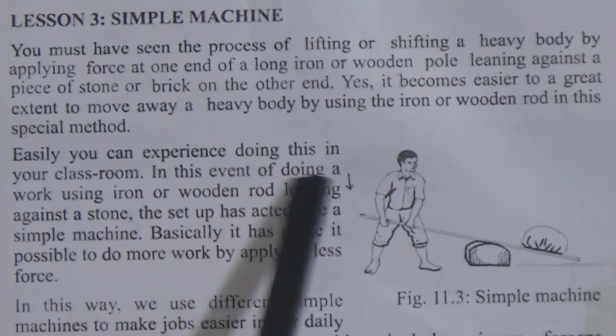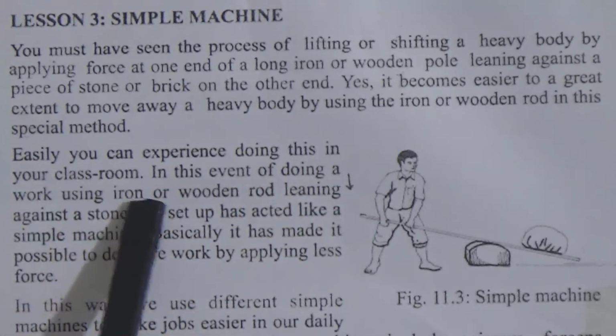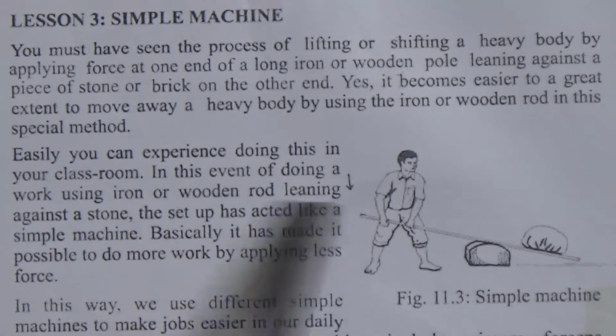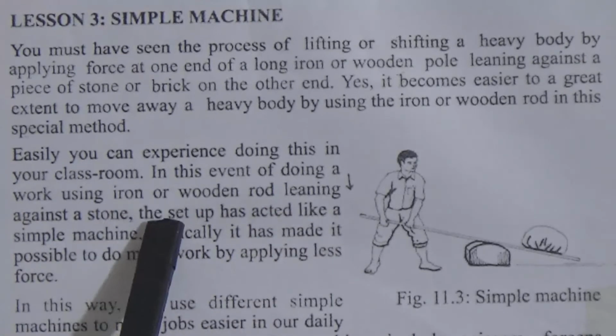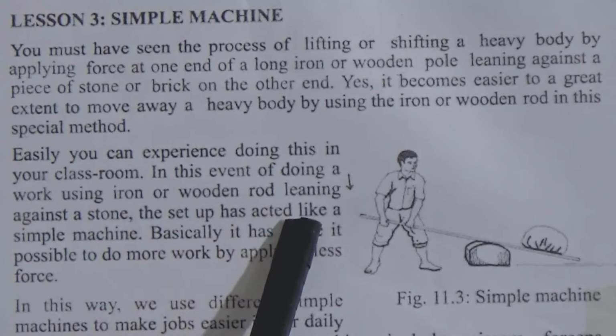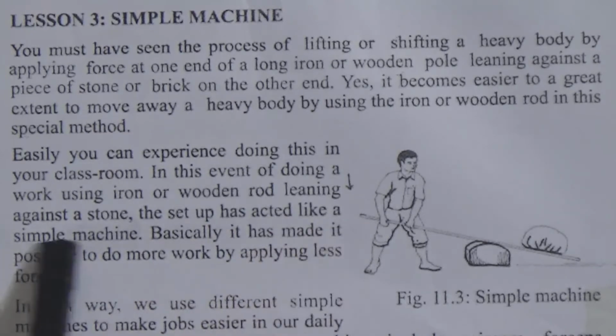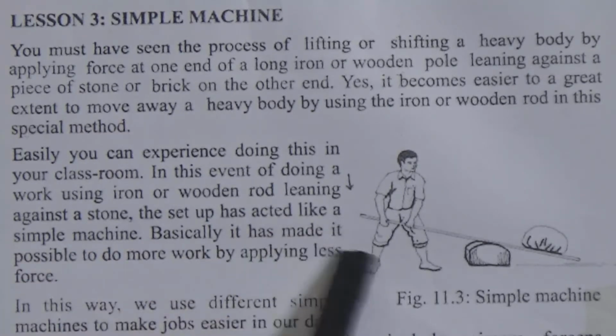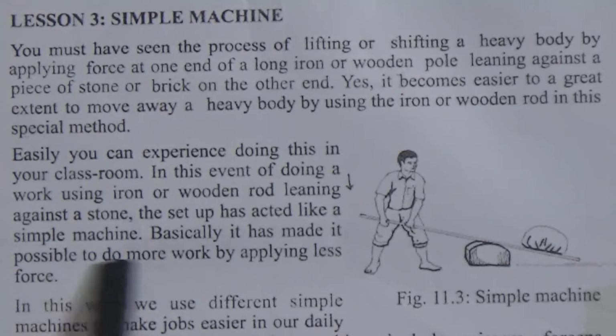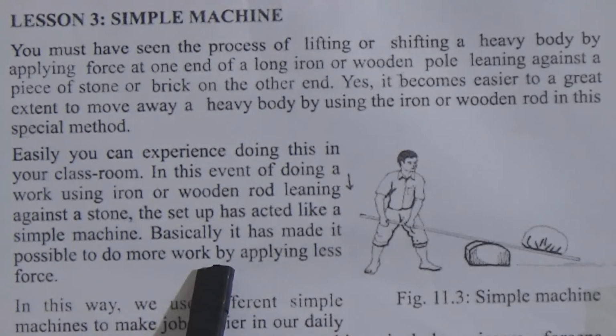In this event of doing a work using iron or wooden rod leaning against a stone, the setup has acted like a simple machine. Basically, it has made it possible to do more work by applying less force.